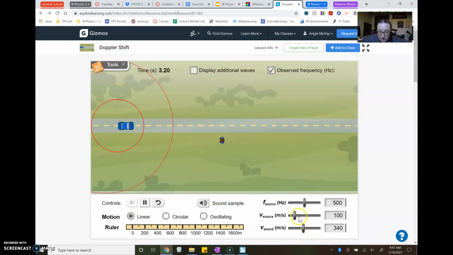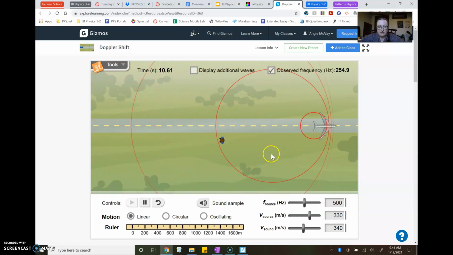So let's actually take the source and speed it up, turn it into an airplane. Let's do that again. Right, as you go faster, the wave fronts in front of the source are much more compressed. Okay, and both of these visualizations are attached to Canvas today for you to take a look at.